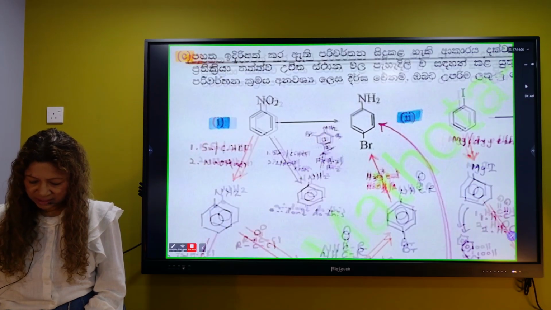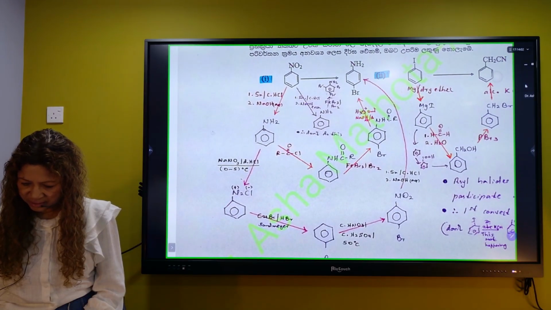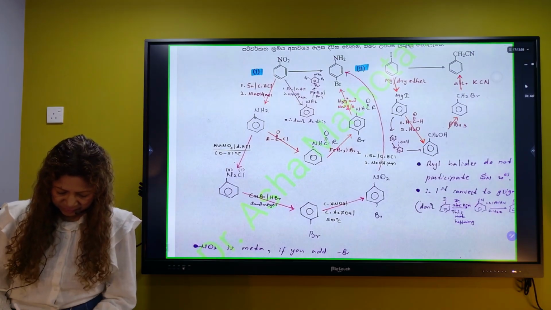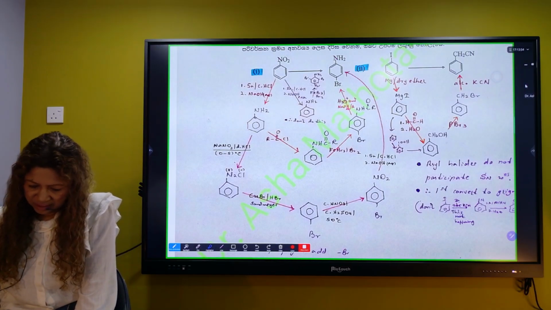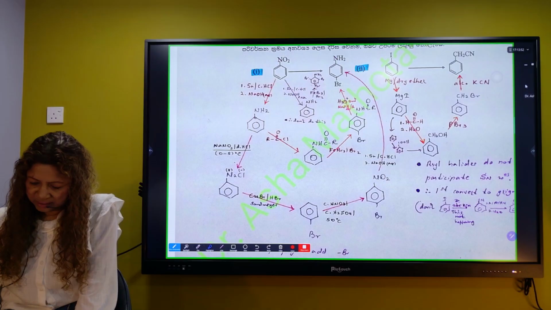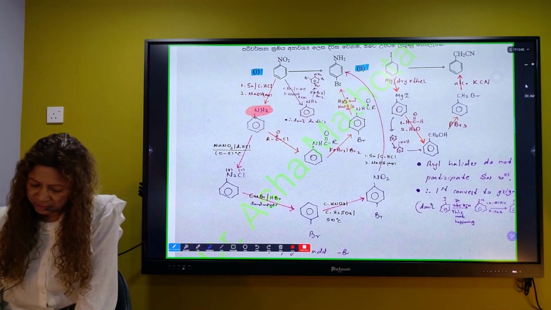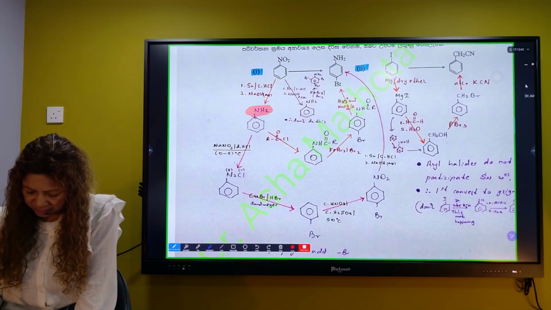Before converting to this NH2, in the meantime, if you find any other place where we can join this NH2 to the benzene ring, let's move with that. One method: NO2 to NH2, and then we can protect NH2 by adding an acid halide.